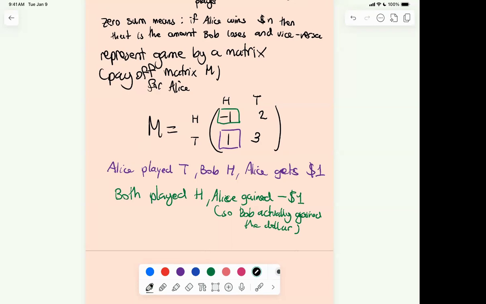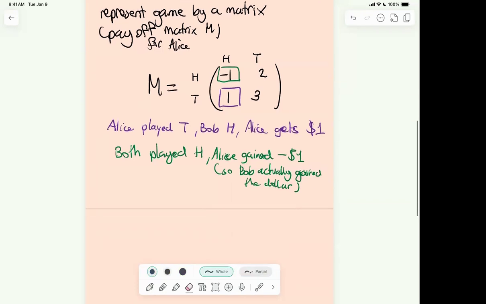But from this perspective, with respect to this matrix, Alice loves positive numbers and Bob loves negative numbers, right? The more negative the number is, the better it went for Bob. That's how you should think about the matrix here.